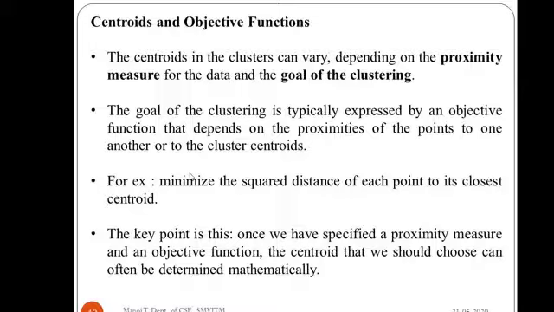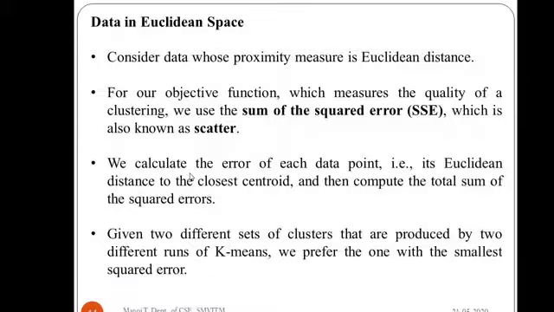The key point is, once we have specified a proximity measure and an objective function, the centroid we should choose can often be determined mathematically, because in terms of formulas we can describe it and put it in a formal mathematical framework. So let us see what kind of data can be there in Euclidean space.